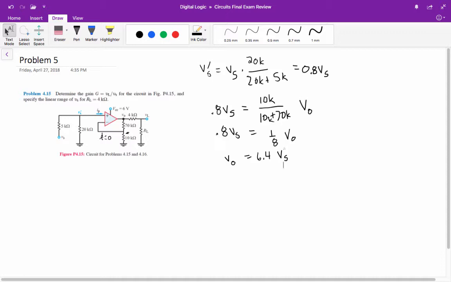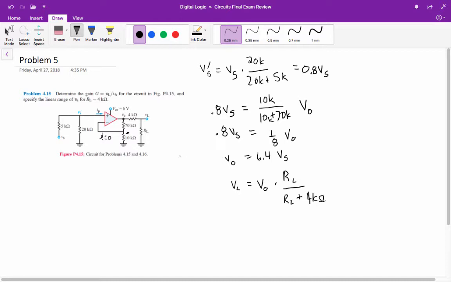So now let's look at VL, and we can do voltage division again on VL, starting from V out and going to ground. So we know that VL will equal V out times RL over RL plus 4 kiloohms.